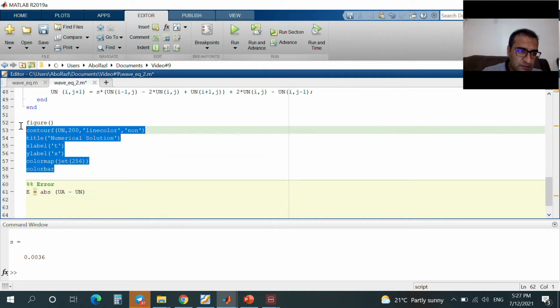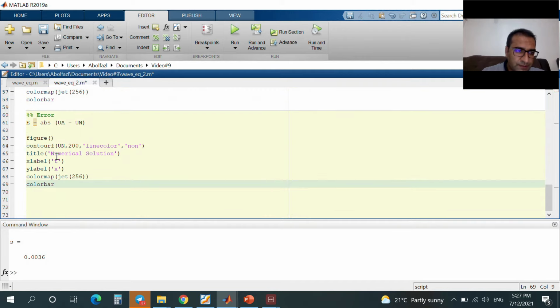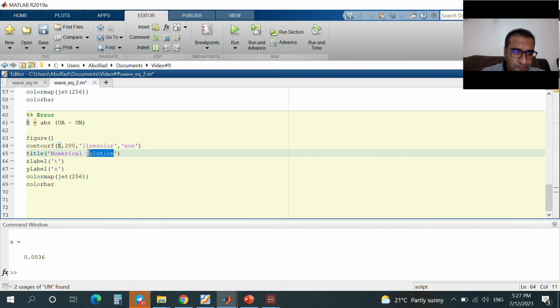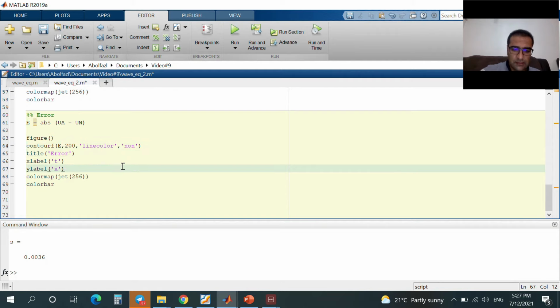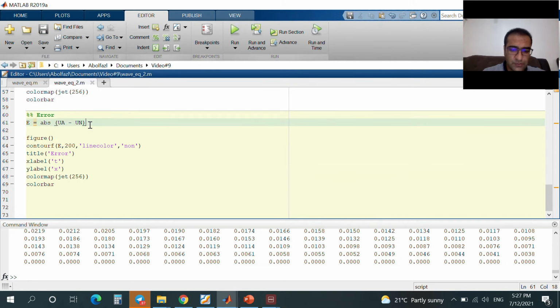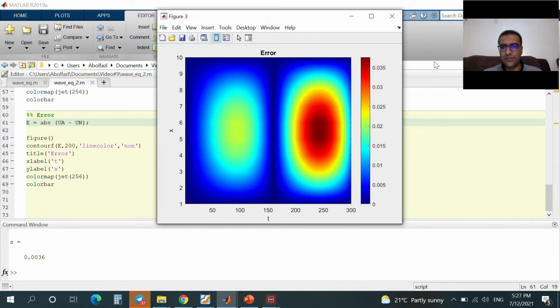Let me copy it again from here, and it should be error and error, right? Let's run it one more time. Oh, I didn't put a semicolon here. One more time. And you see the error is in the order of 0.035.